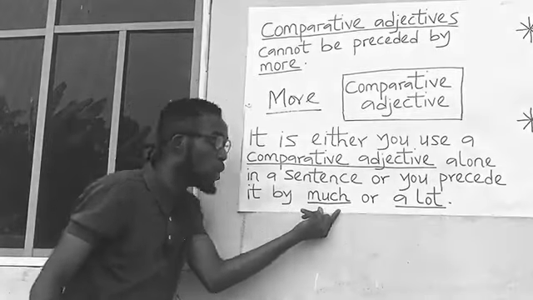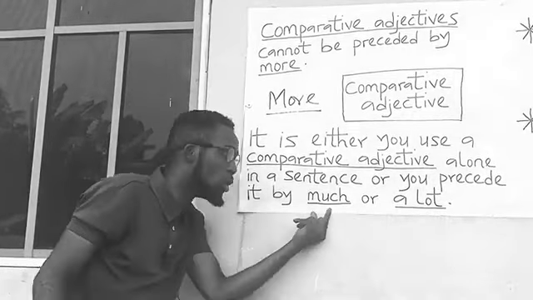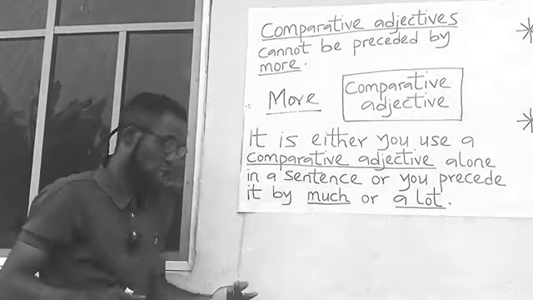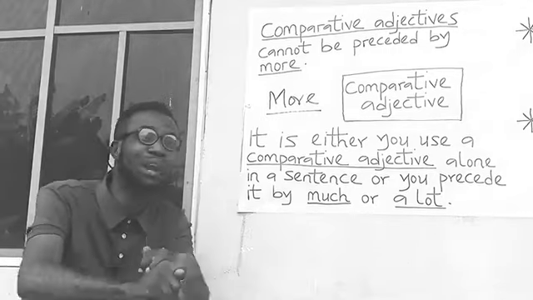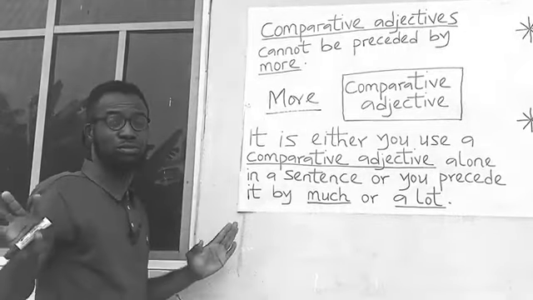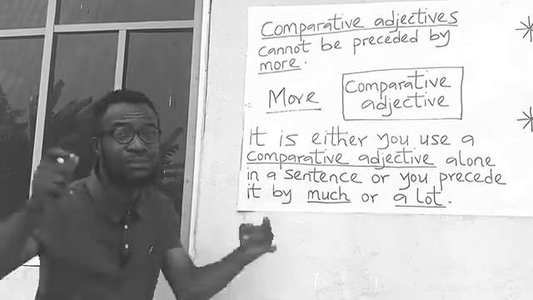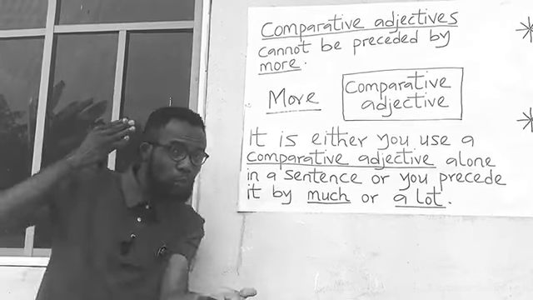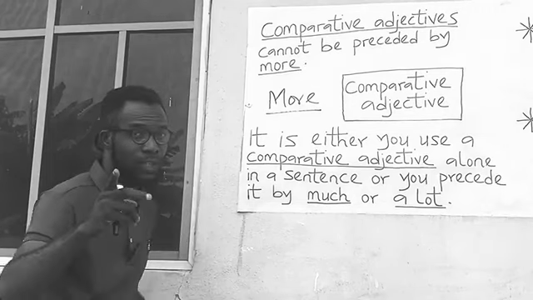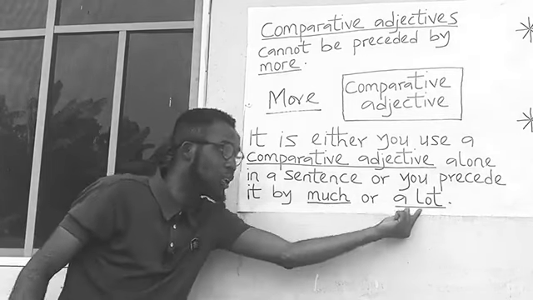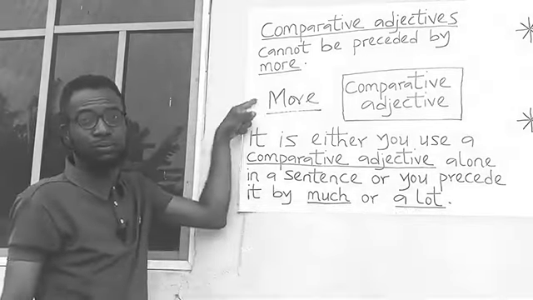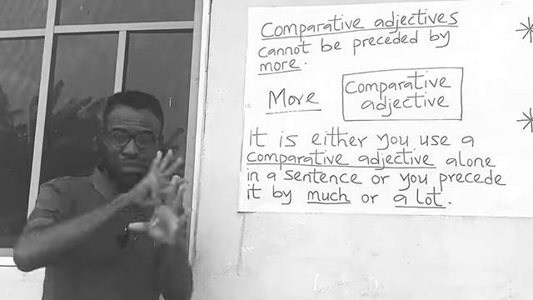Rather, it should be much or a lot. So it is either you are using a comparative adjective alone in a sentence, or if you must precede it by anything, it has to be much or a lot and not more. I believe that is understood.